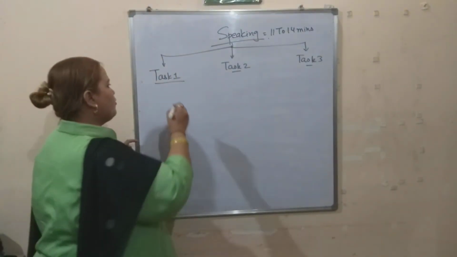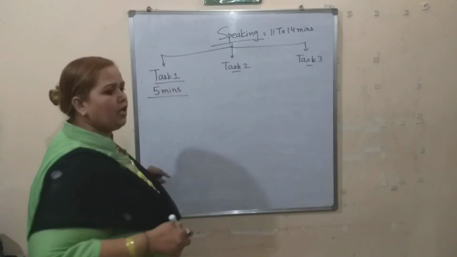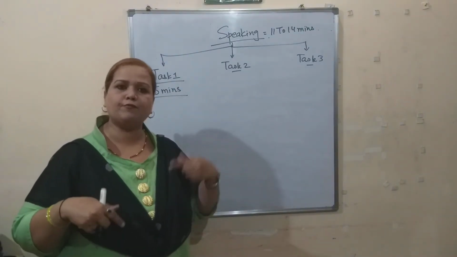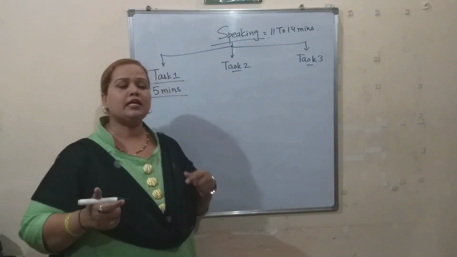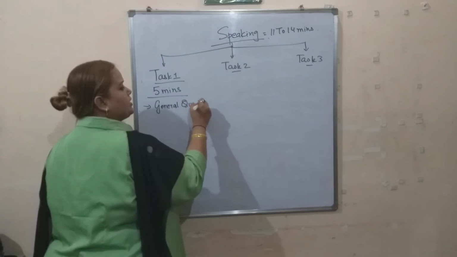Task 1 is for 5 minutes. Here, very first, the examiner introduces himself or herself to the candidate, and always asks general questions. What type of general questions does an examiner ask?